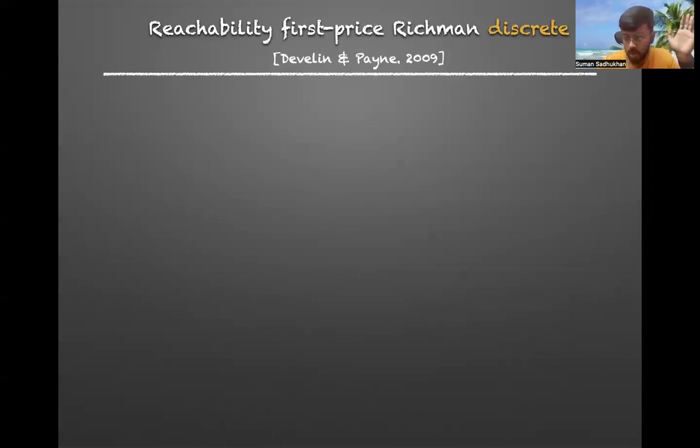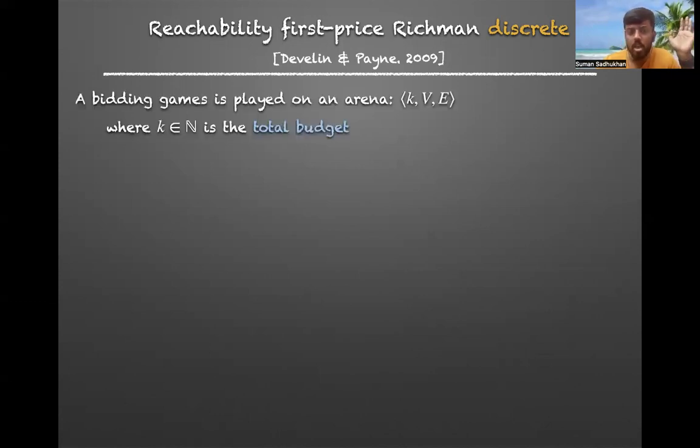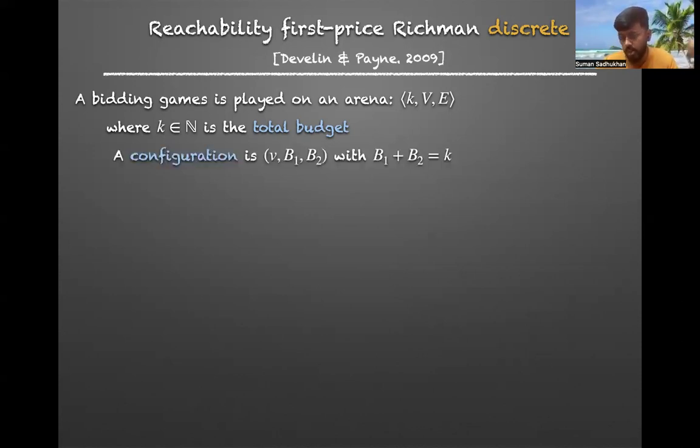In discrete bidding games, we now have a total budget, which is also part of the input of the decision problem we'll consider, some integer k. And a configuration is now a vertex V, and as earlier, the budgets B1 and B2.